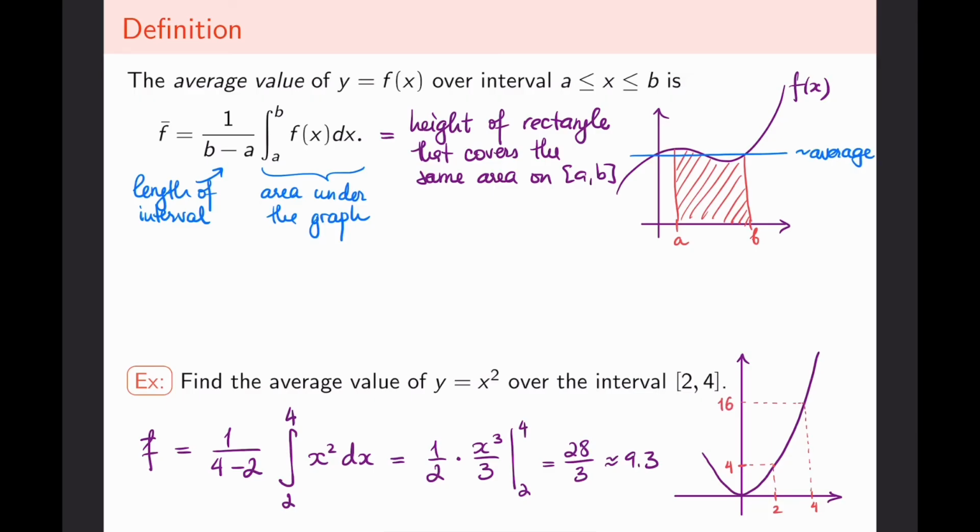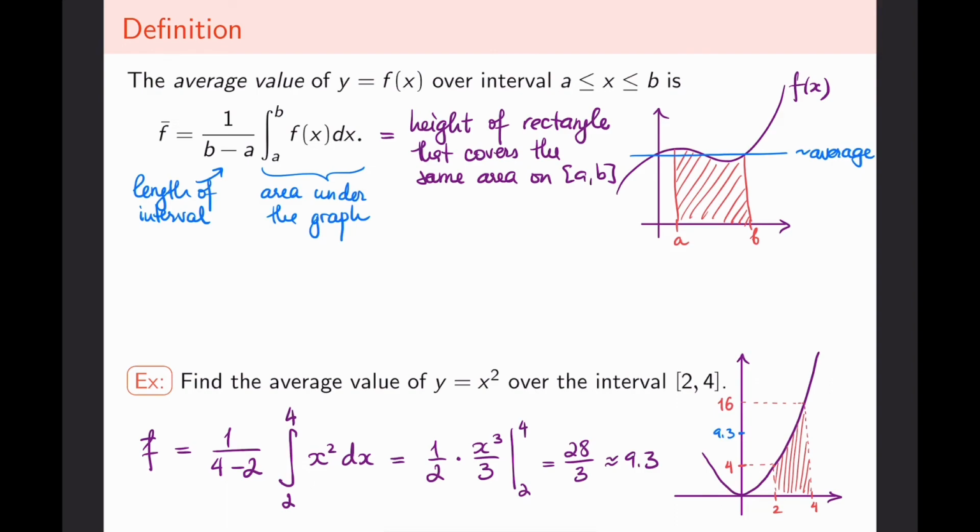So again, what the average is computing is I need to find the height of a rectangle that spans the interval from 2 to 4 that will give me the same area coverage as what I have shaded in red here. Now, let's actually sketch 9.3 here. So eyeballing it, it's going to be probably around here.